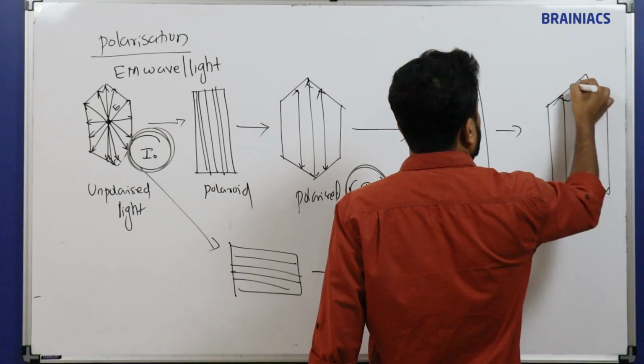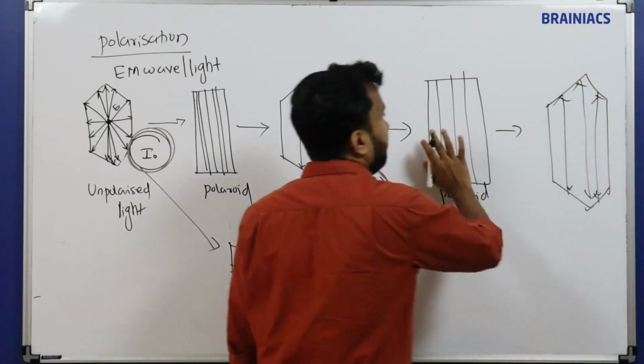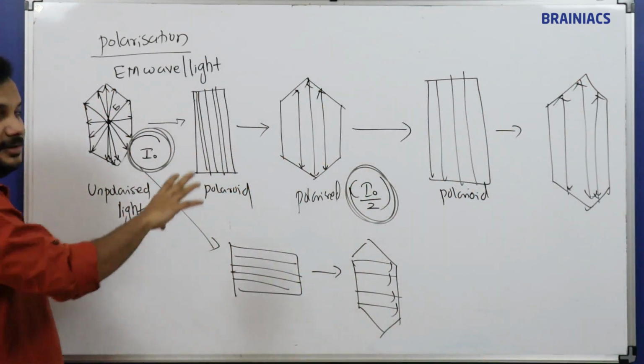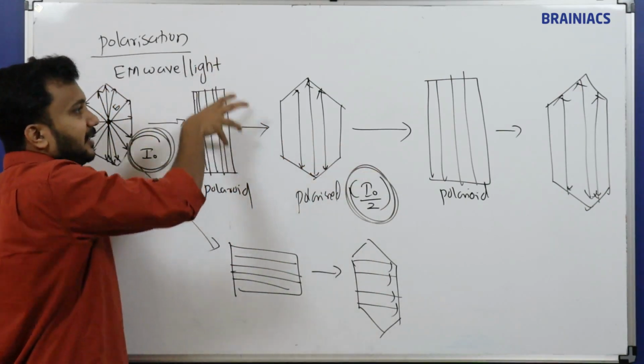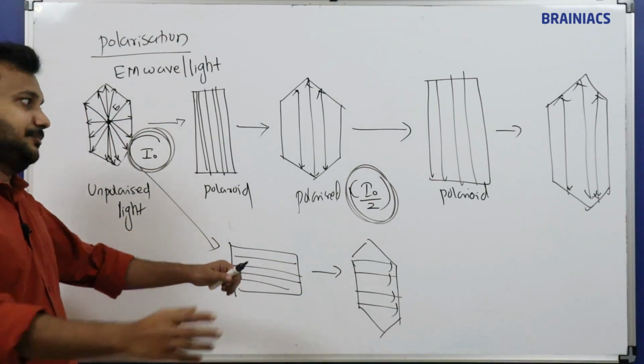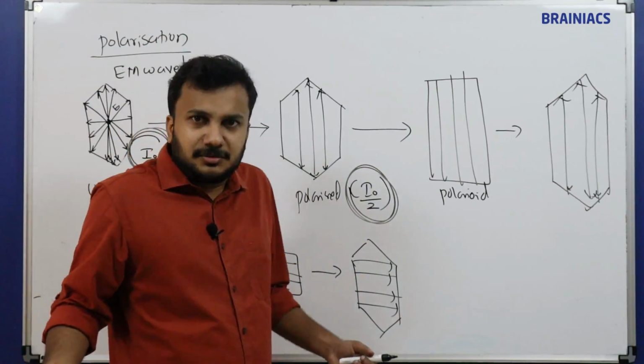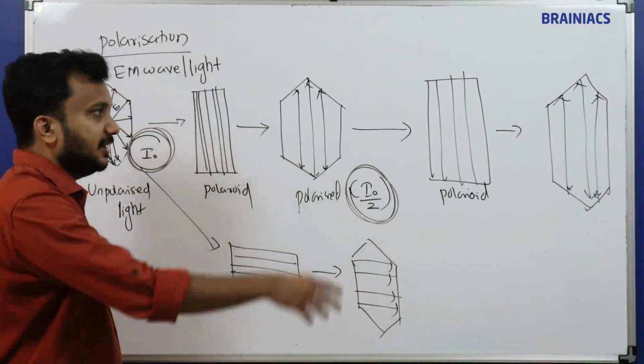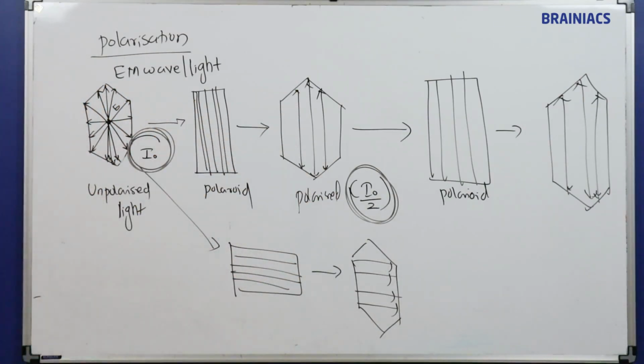There will be no pattern difference, because the purpose is the same: the vertical lines will pass, all others will be cancelled. If you pass it through another polaroid also, there will be no major difference. You will get a vertical polarized light only. Okay, so this is important.